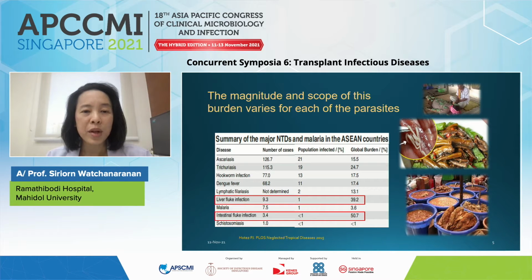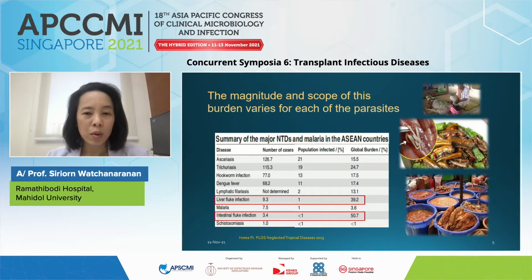So the magnitude and scope of this burden varies for each of the parasites. On your right hand, you can see something that you're probably not familiar with. Some of the patients had their illness cured by their local doctors using fresh leaves. The second picture is the type of food, perhaps eel or water eel, and you can see that the parasites are also in there.